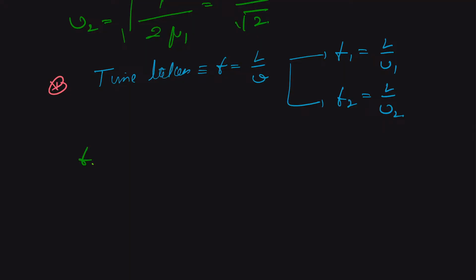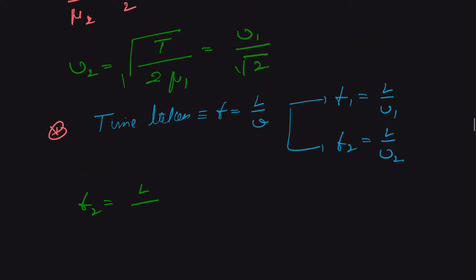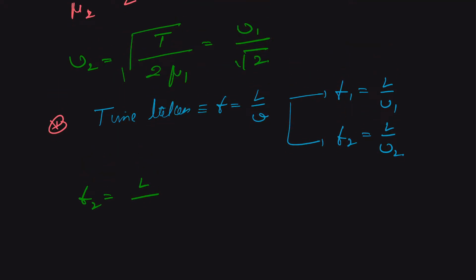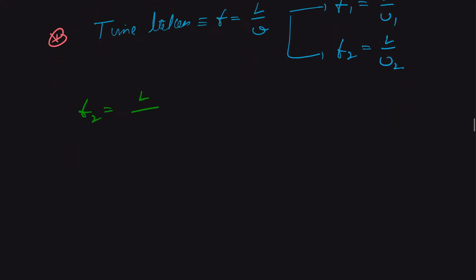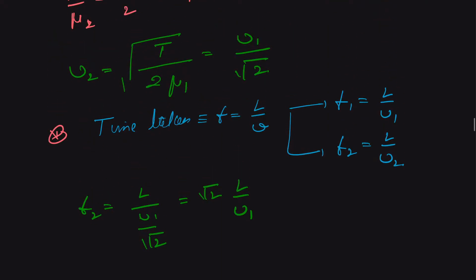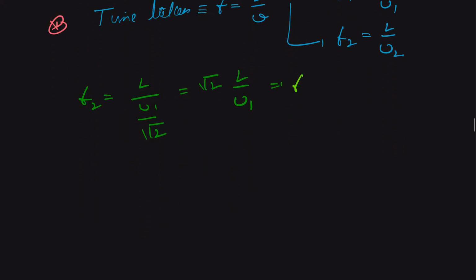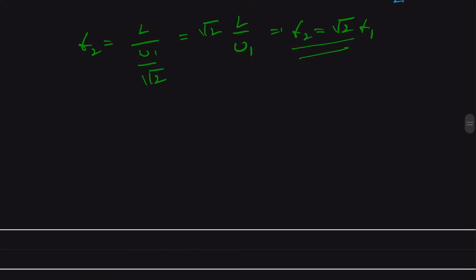So we get t2 is equal to L upon v2, v2 is v1 upon square root of 2, and this comes as square root of 2 L upon v1, and L upon v1 is nothing but our t1. So we get t2 is equal to square root of 2 times t1, and the ratio t1 is to t2 is equal to 1 is to square root of 2.